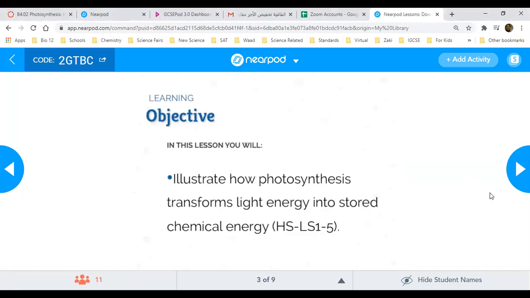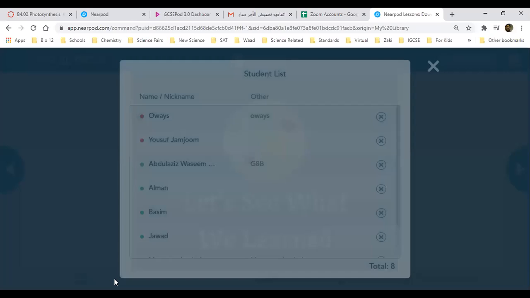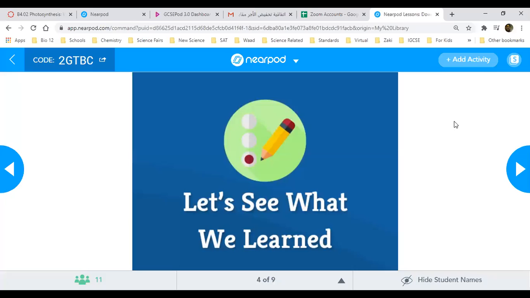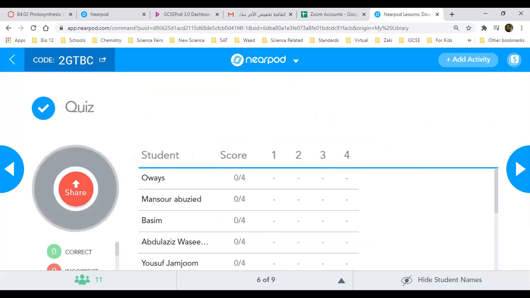So we will illustrate how photosynthesis transforms light into stored chemical energy. I'll give the mic to Abdullah. Would you like to read the next question? Yeah, sure. Let me just go to the Nearpod. You haven't logged in yet? Yeah, all it says is let's see what we learned. Okay, good. So now we start. Answer the following questions based on what you know about photosynthesis. This is the score.